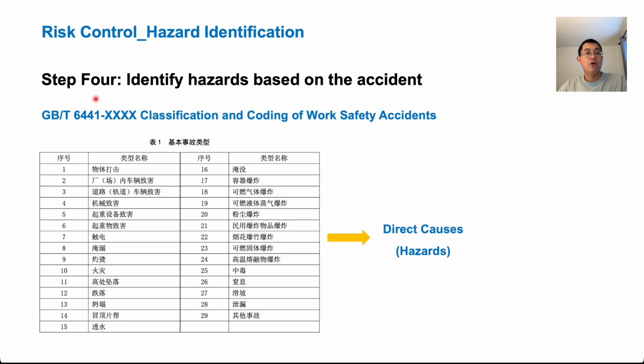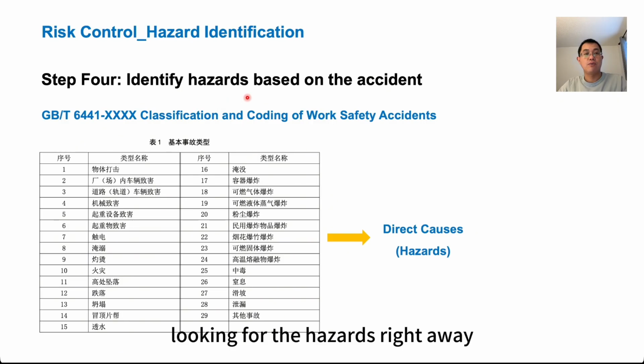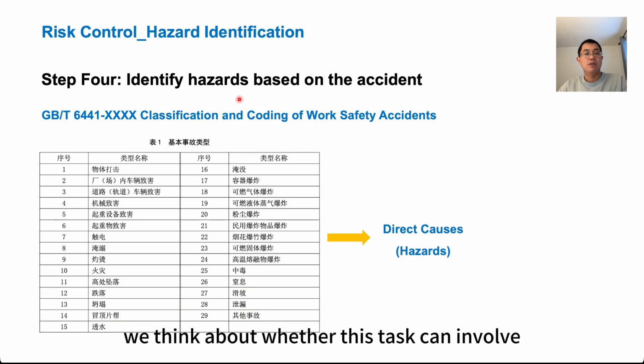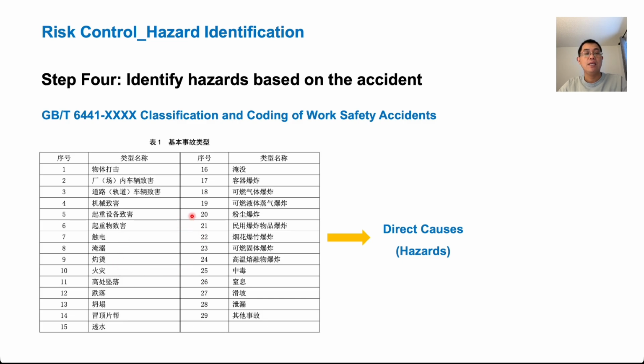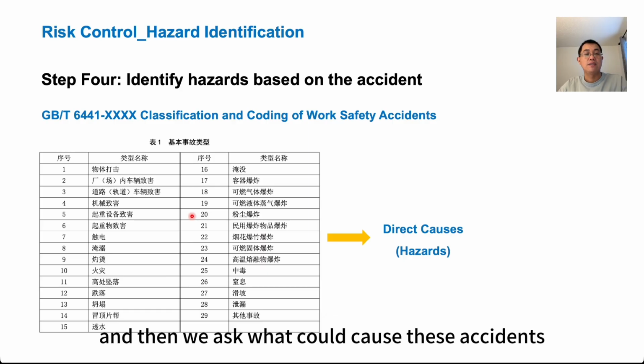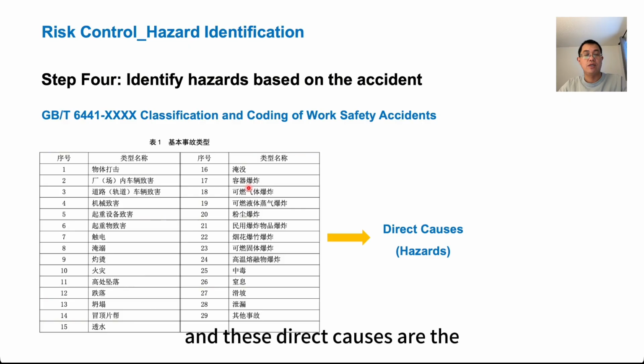So in step 4, instead of looking for the hazards right away, we think about whether this task can involve, for example, mechanical injury or electric shock or fires or other types of accident. And then we ask, what could cause these accidents? And these direct causes are the hazards that we may have missed.